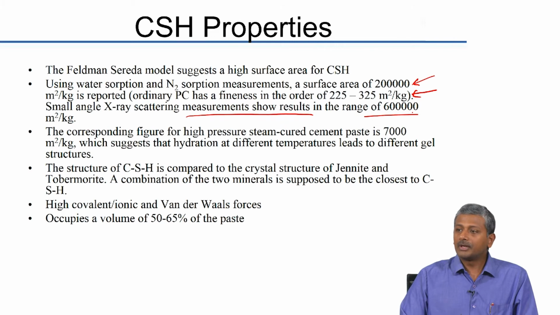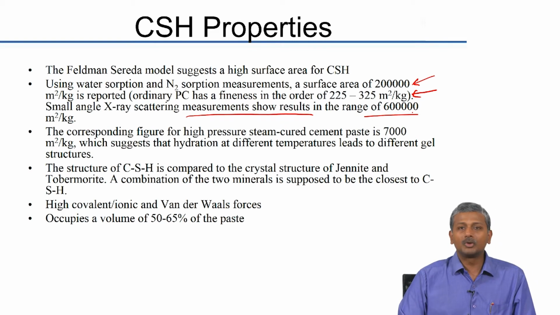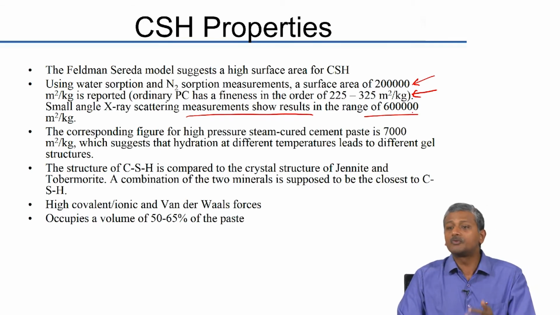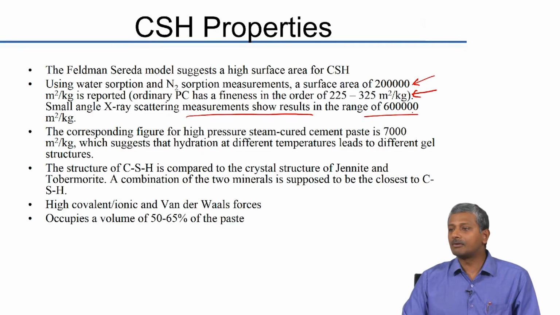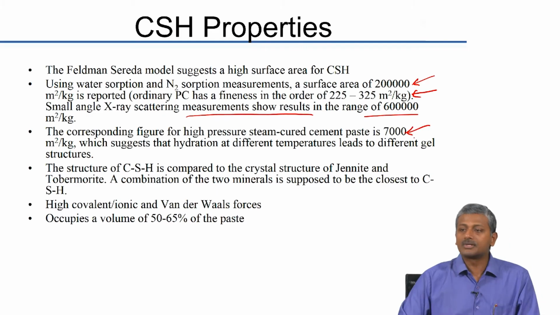Now interestingly what people have found is that if you heat cement during the early stages of hydration, if you do steam curing or heat curing, which we often do for precast materials, for what? To increase the rate of strength development. We want to increase the rate of strength development, so we do heat curing or steam curing. Interestingly, it turns out that the surface area of the CSH that forms as a result of heat curing is about 7,000 square meters per kilogram.